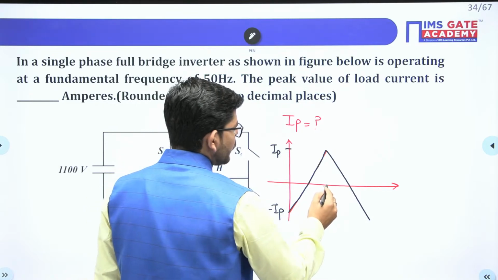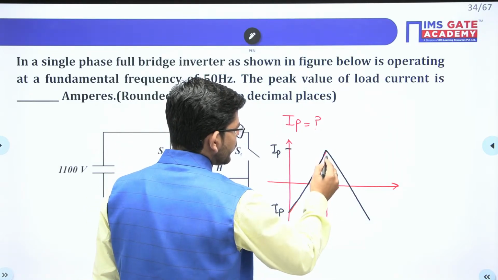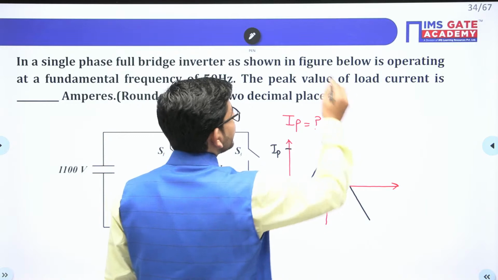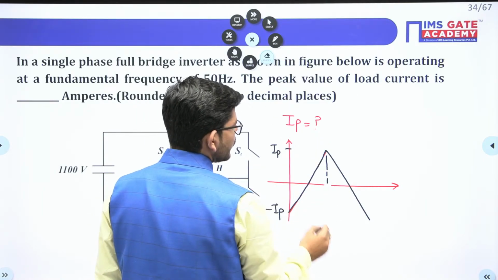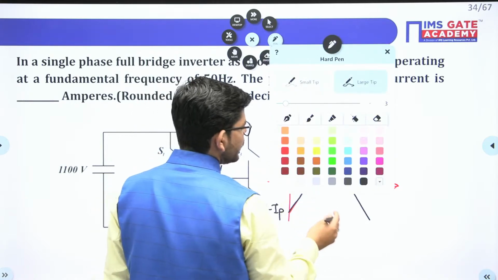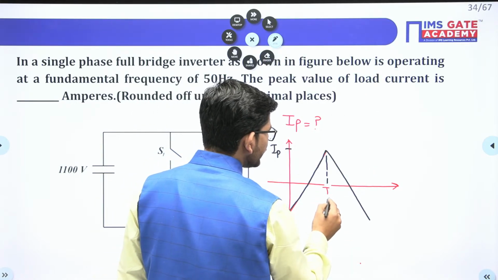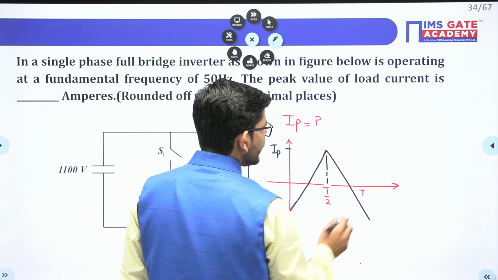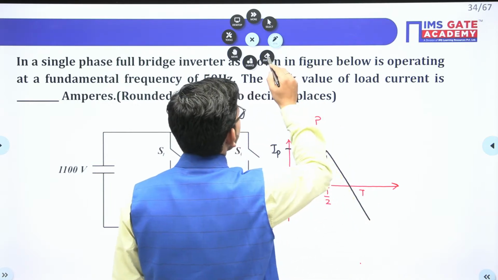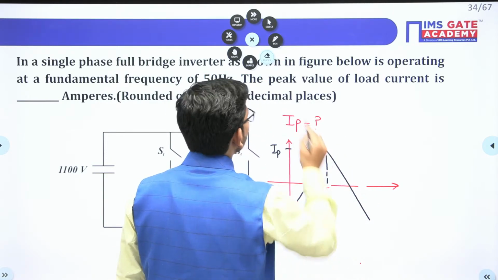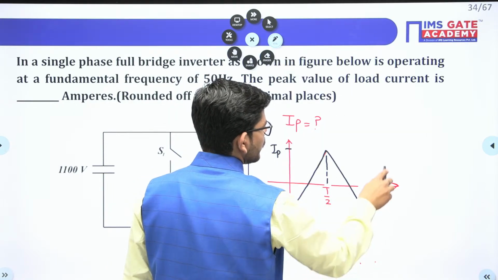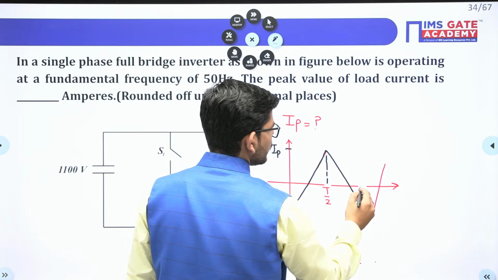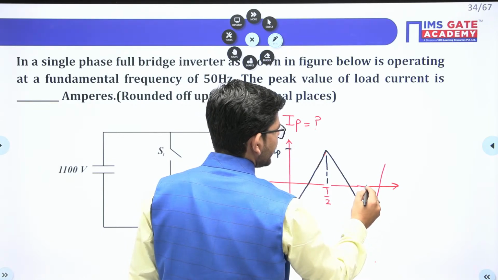For this particular moment we have T1, T2 conducting, and here we have T3, T4 conducting. So this duration is exactly T by 2, isn't it? And here we have T.